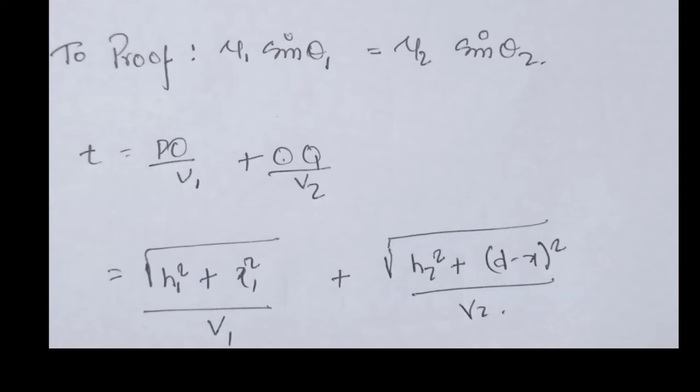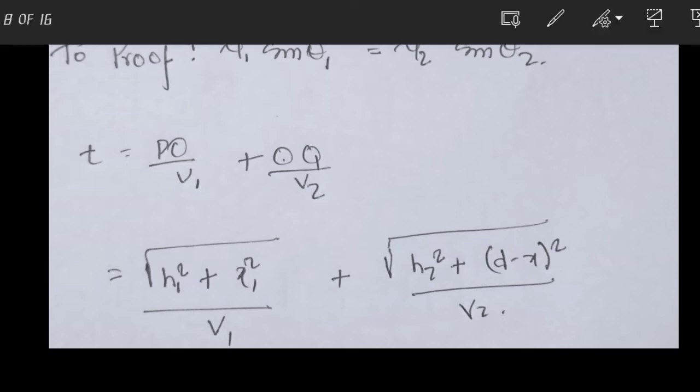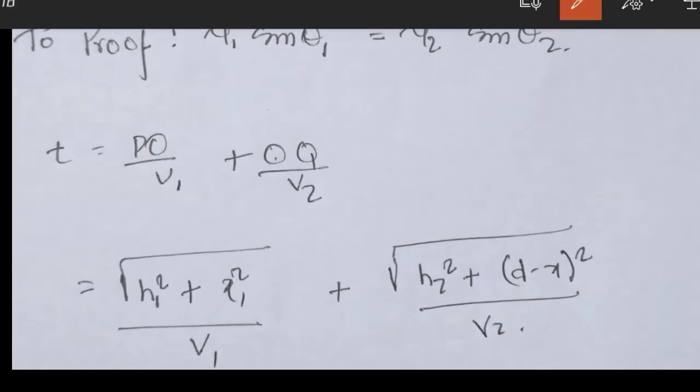Here we need to prove mu1 sin theta 1 is equal to mu2 sin theta 2. The time taken by a ray is t equals PO by v1 plus OQ by v2, and similarly by Pythagoras theorem we get this equation.